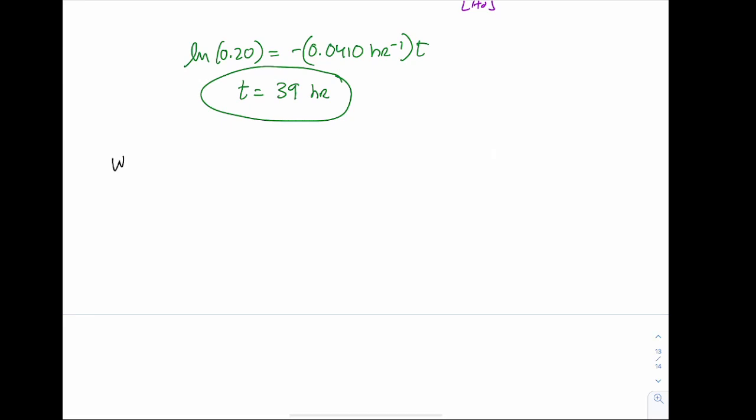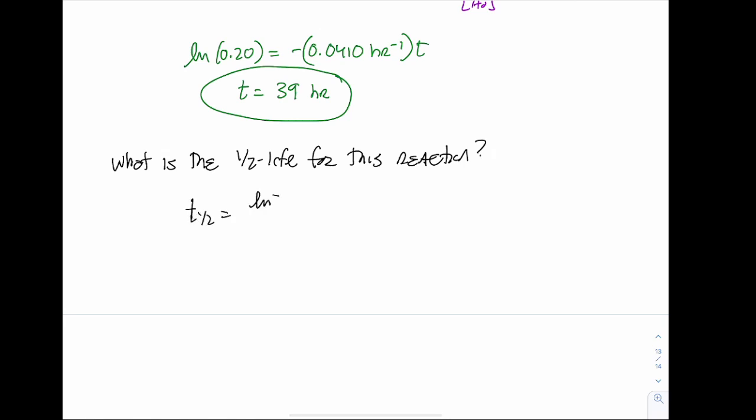So what is the half-life for this reaction? Using our first order half-life equation, same thing as 0.693 over k, however you want to do it.